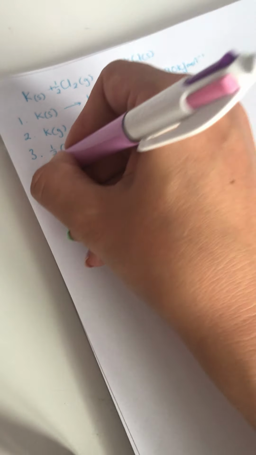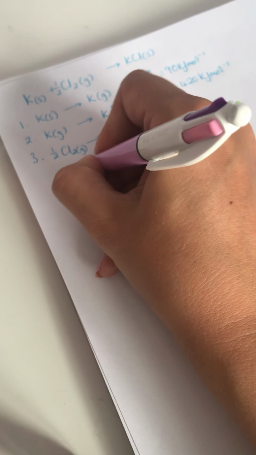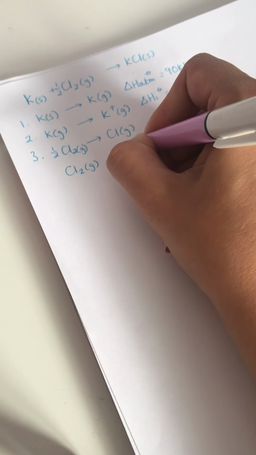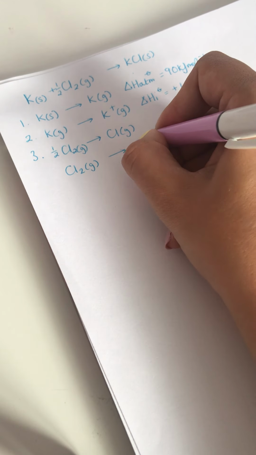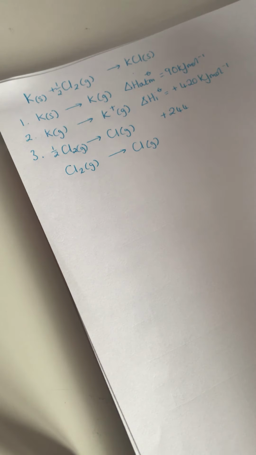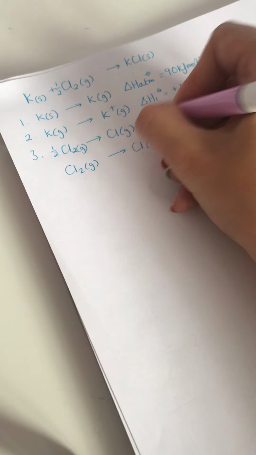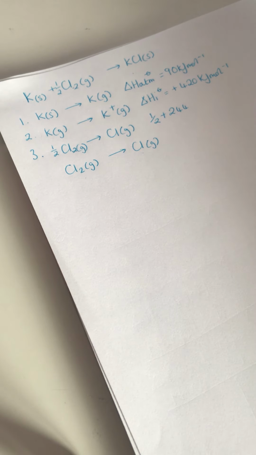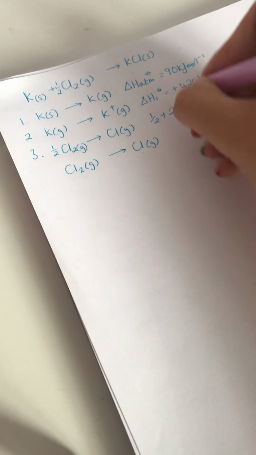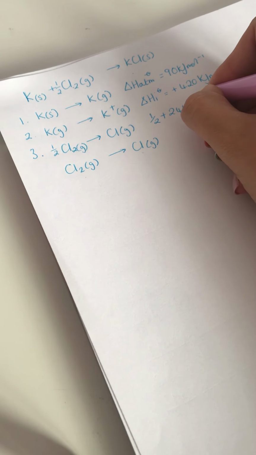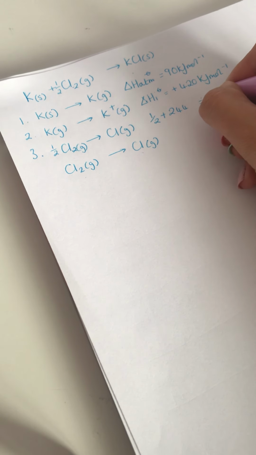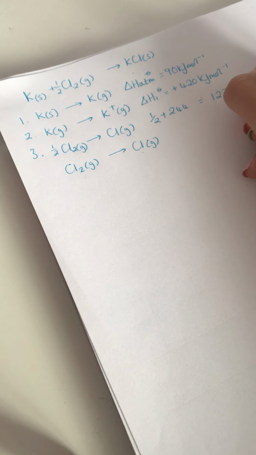Now that would be the case if I was going from Cl2 as a gas to a Cl atom as a gas. Now I haven't done it like that. I've got half a Cl2, so I'm going to need half of 244. So my bond dissociation enthalpy is going to equal 122 kilojoules per mole.